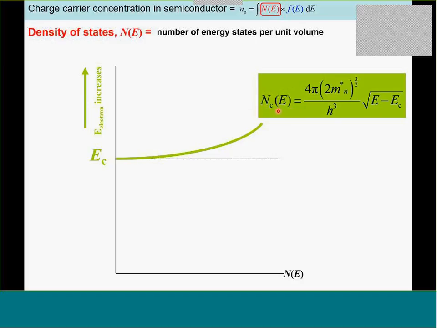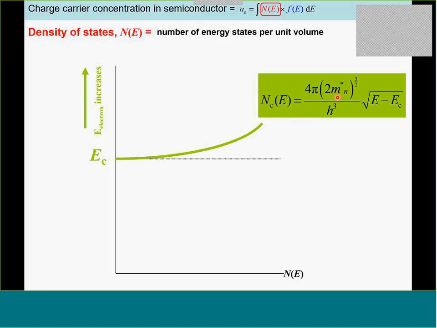We can collapse all the density of electrons per unit volume in the conduction band by using this equation, the effective density of states, but this one is for the conduction band, so N sub C, where m star sub n is the effective mass of the electron, because our electrons are in a crystal.